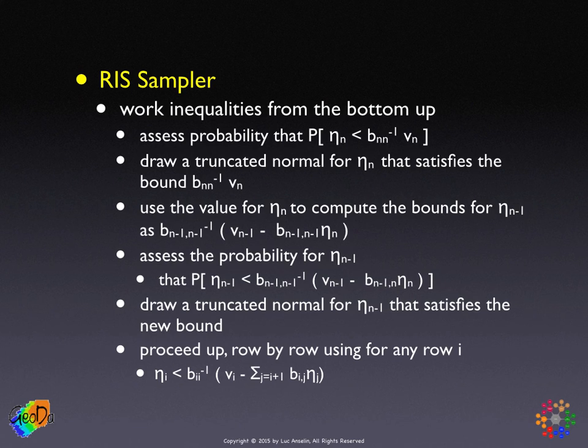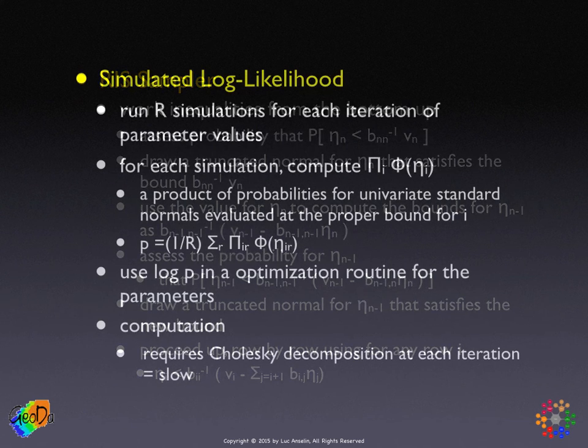So then you have two. You do this a total of r times, and you take the average of all these joint probabilities, and that is the value that you plug into the optimization routine to get the next iteration, which then gets you a new set of parameter values, and you repeat the whole process.